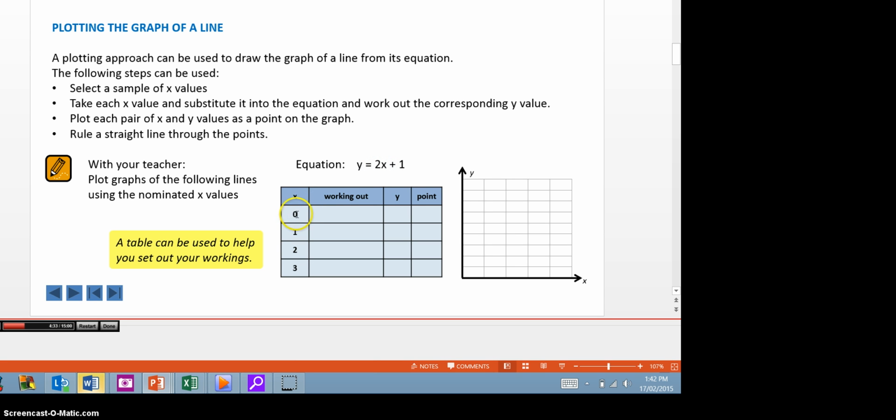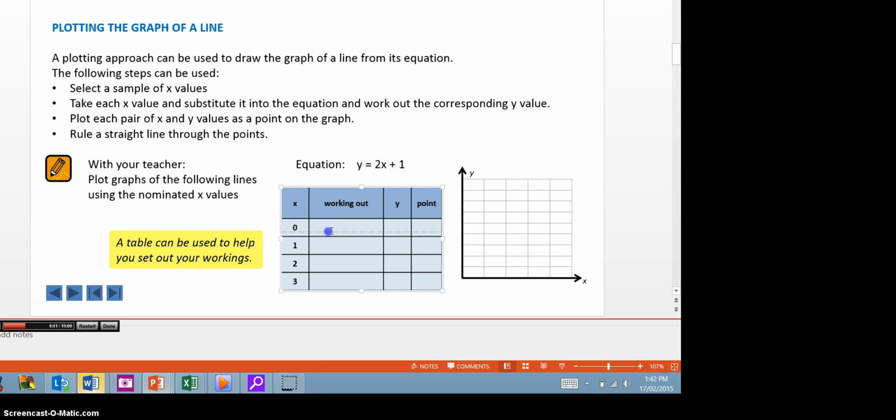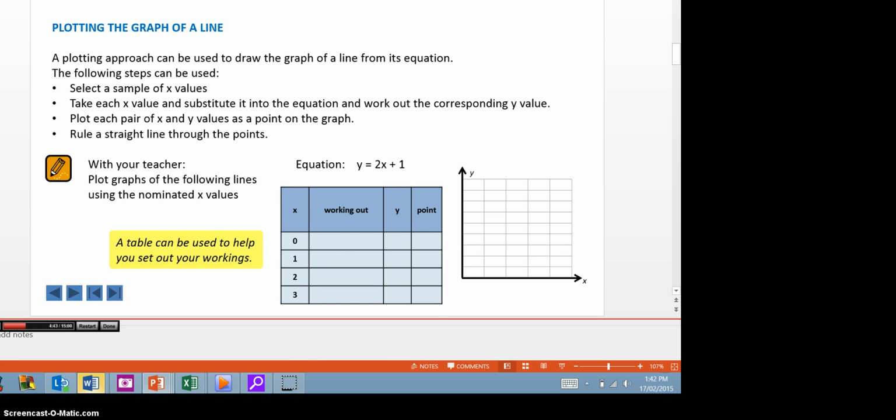So I'm going to substitute 0 every time I see x. So 2 times 0 plus 1. So that equals 1. And so our point is 0, 1.